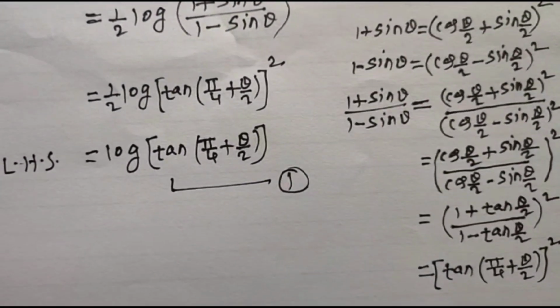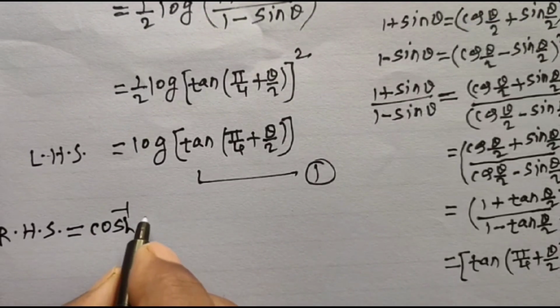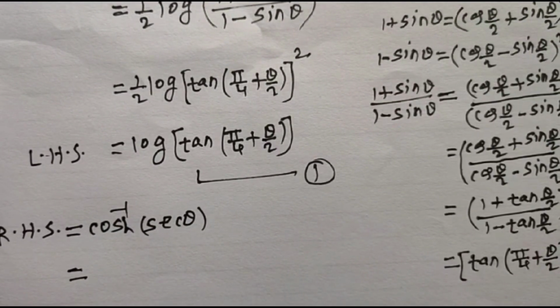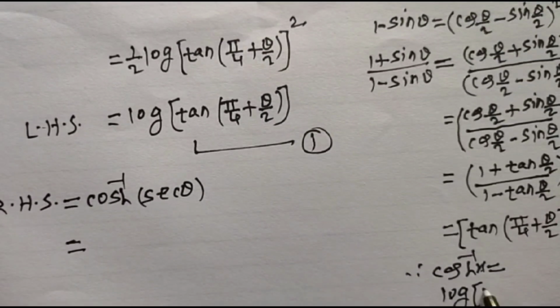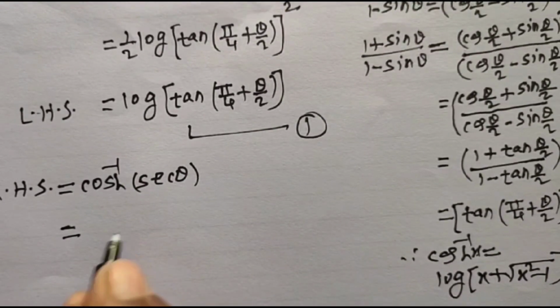Now take RHS. RHS is equal to hyperbolic cos inverse sec theta. Now hyperbolic cos inverse x, this formula is hyperbolic cos inverse x is equal to logarithm of x plus square root of x square minus 1. Okay, apply this formula here.